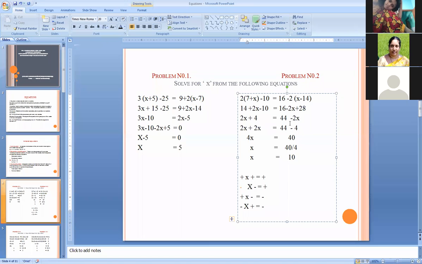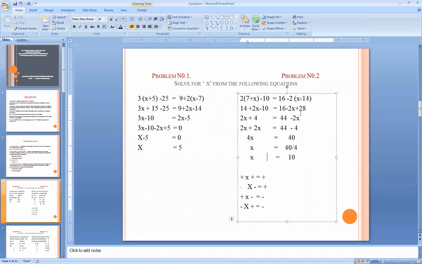Right hand side will go now. 2x we have written already here, minus 2x, and the 16 that is plus, and 28 is also plus. So both numbers have to be added, right? Plus and plus values, when you are going to add, it will become plus only. In the case of multiplication, plus into plus is also plus only. Plus 16 plus 28 will become plus 44.